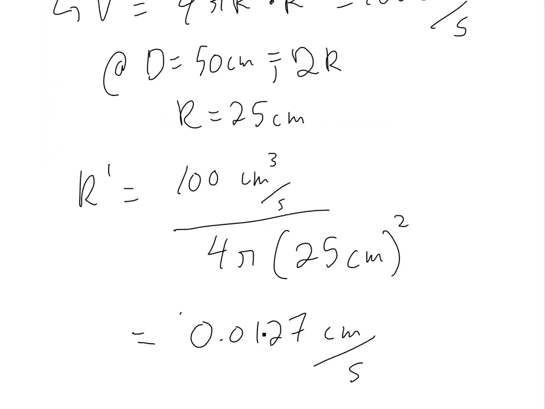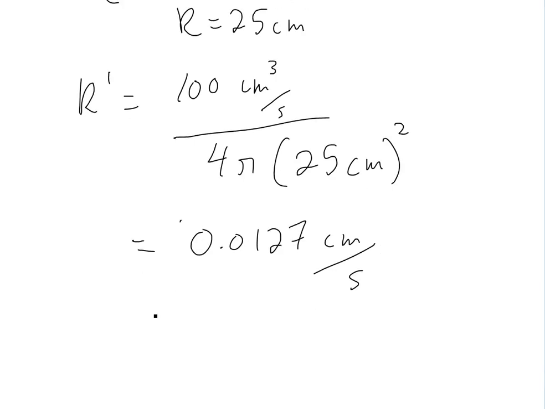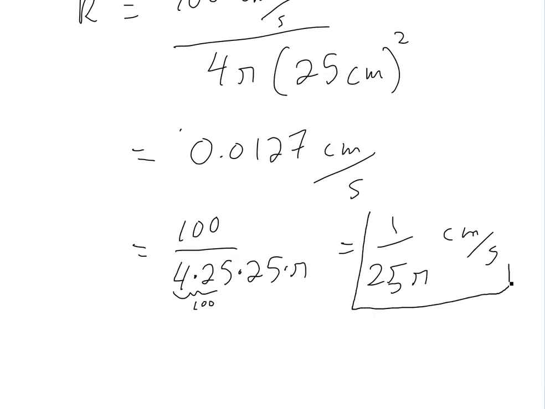Or if you're in calculus and didn't have a calculator, you could simplify it: ignoring the units for now, it's 100 divided by 4 times 25 times 25 times pi. The 4 times 25 is just 100, and these cancel, so you're left with 1 over 25 pi centimeters per second, which equals 0.0127. So we got this one right here.